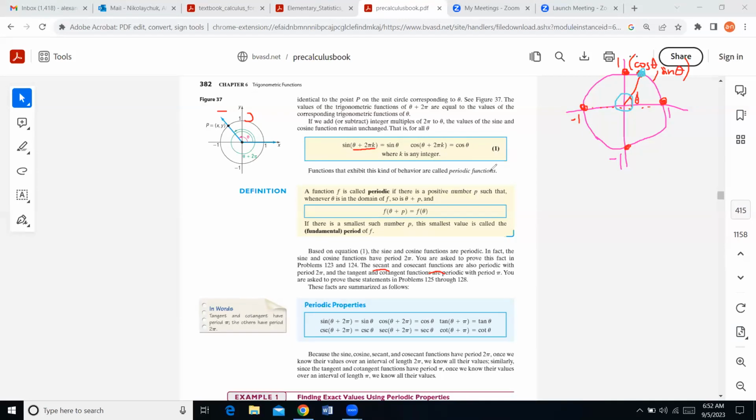So your sine and cosine will stay the same. And that's what they're trying to show here, that sine stays the same as well as cosine if you have this full rotation.